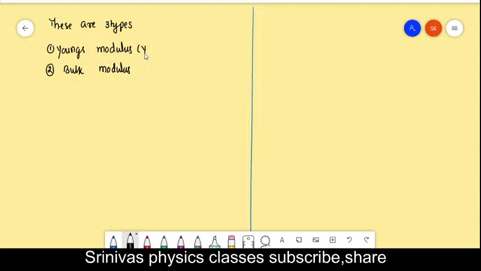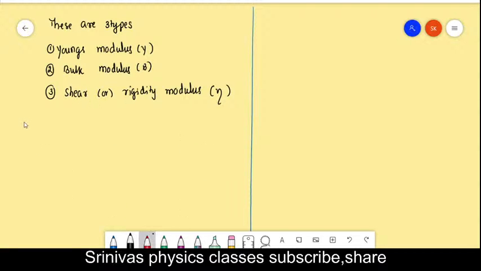Young's modulus is denoted with Y. Bulk modulus is denoted with B. The third one is the shear or rigidity modulus, which is denoted by eta. Okay, these are the three types of modulus: Young's modulus, bulk modulus, and shear modulus.